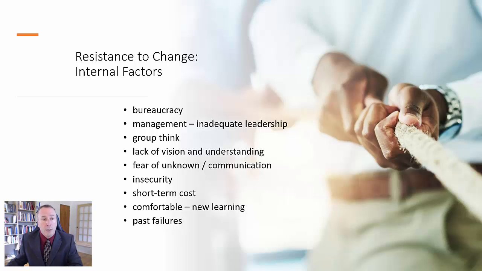Let's now discuss some additional specific internal factors associated with resistance to change. At times that can be due to bureaucracy. In other words, there are so many policies and rules and regulations within an organization. Administration has perhaps taken over the organization.